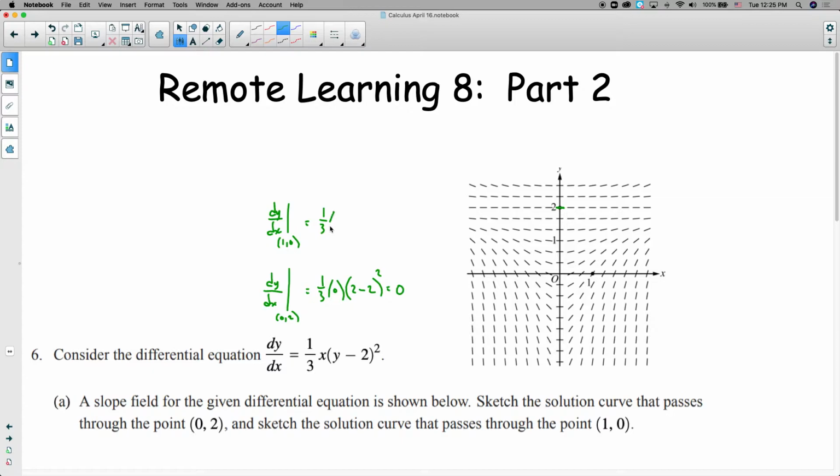Okay, so I put in 1 for x and 0 for y and compute. And what do I get? I get 4/3. So that's positive, and you can see that over here I'm at slope 4/3, slightly bigger than 1, slightly bigger than a 45-degree angle.